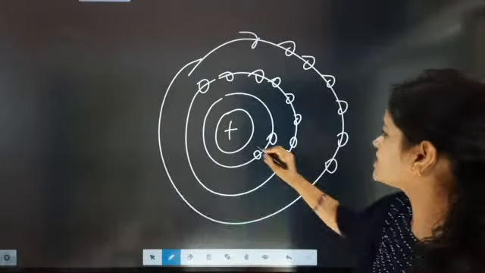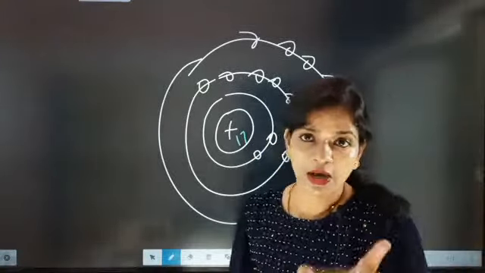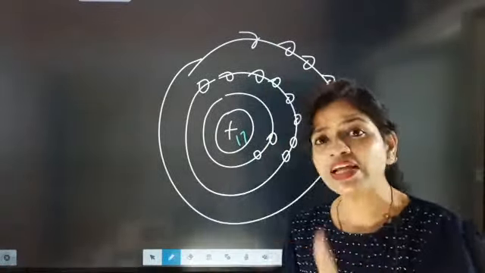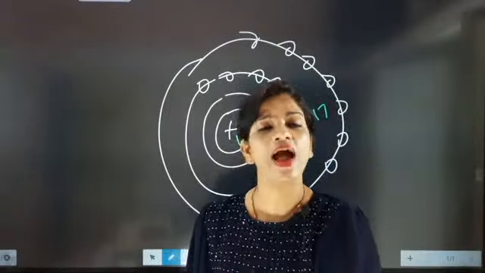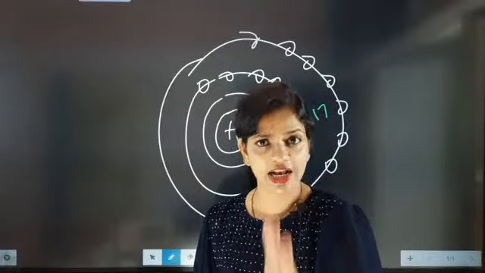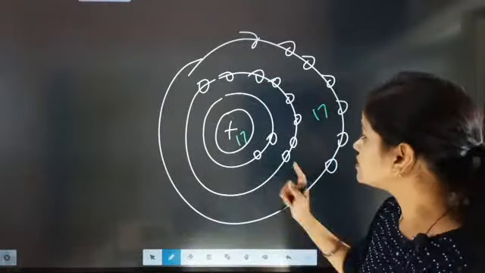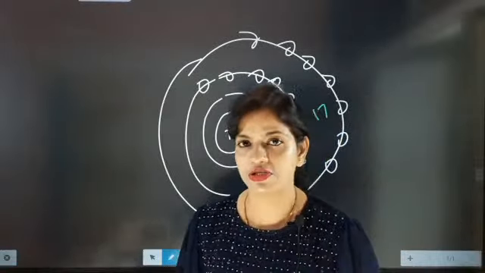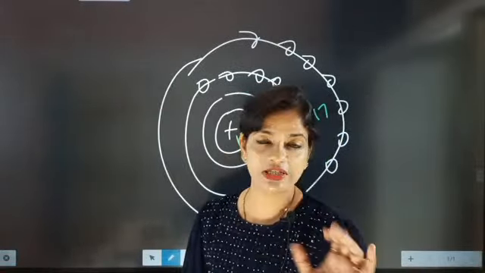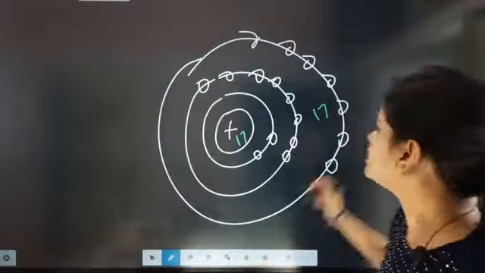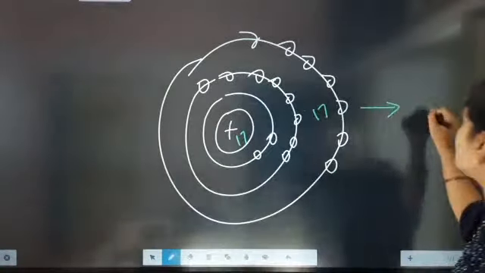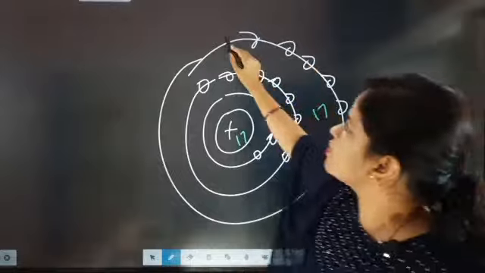Number of protons is exactly 17. Number of electrons is also 17. Nuclear charge has the capability to handle only 17 electrons. But this atom is unstable because it needs 18 electrons to gain the nearest noble gas configuration of argon. It wants to become like argon, so it needs 1 electron.